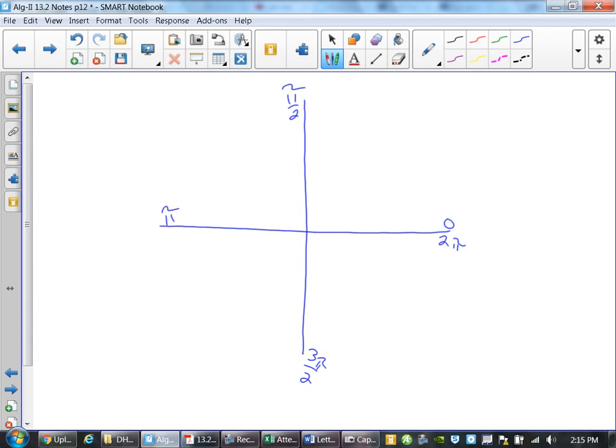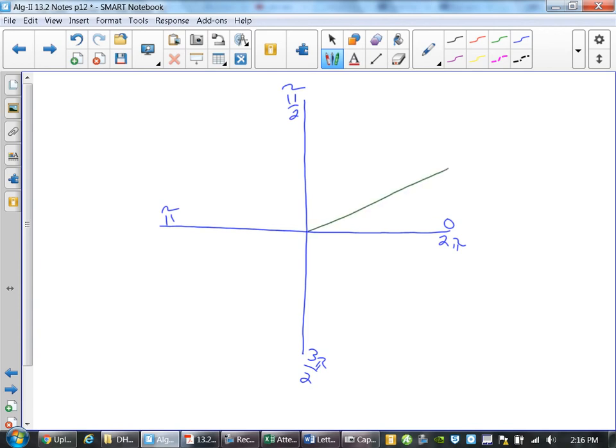In trigonometry, we're only really going to worry ourselves about 3 different angles: 30s, 60s, and 45s, because we know how to solve for them. So what we need to do is figure out the radian values of 30, 45, and 60, and I'm going to show you how these things place themselves in. So let's do this.